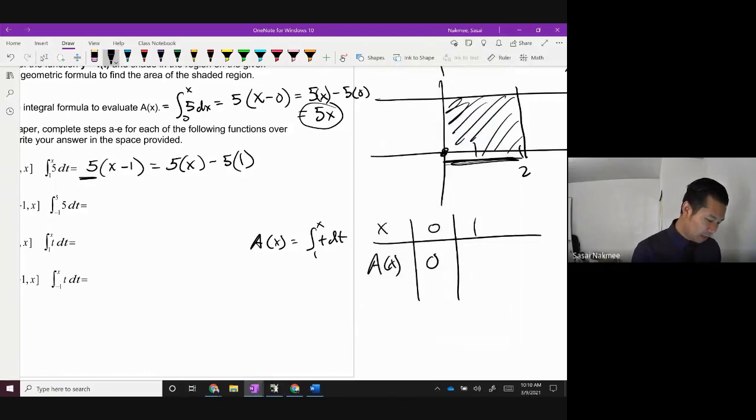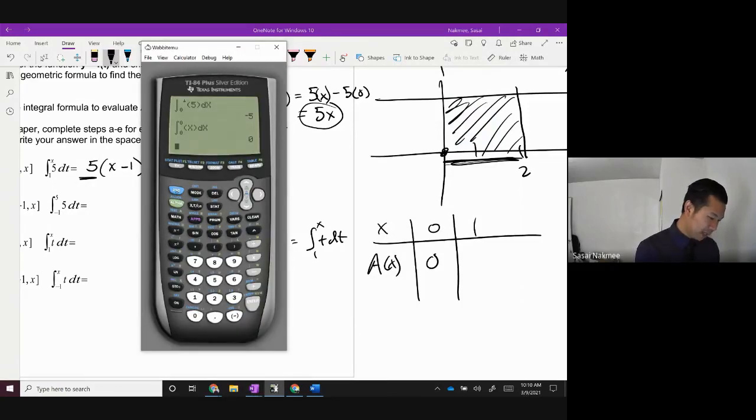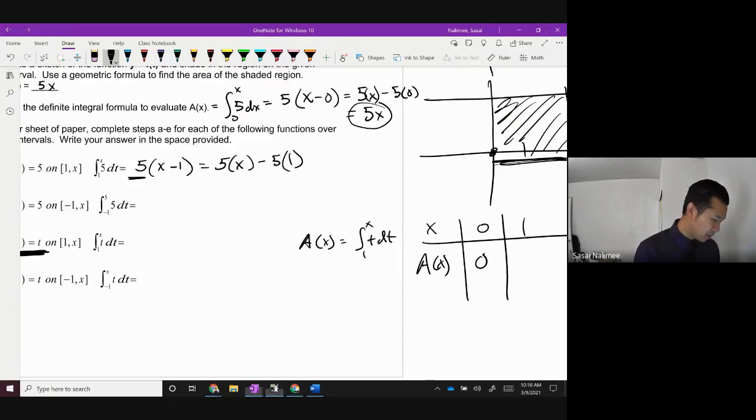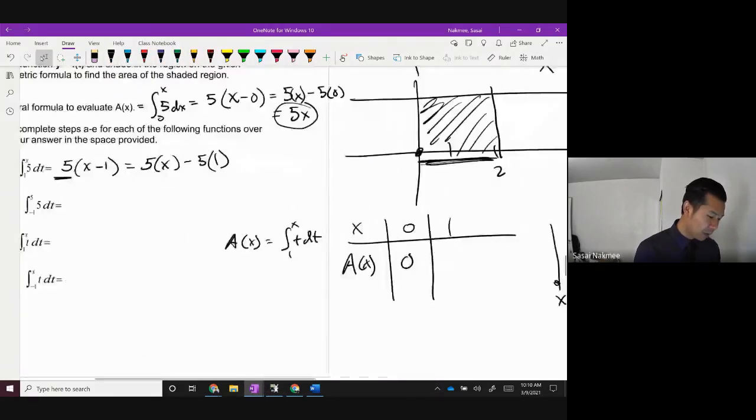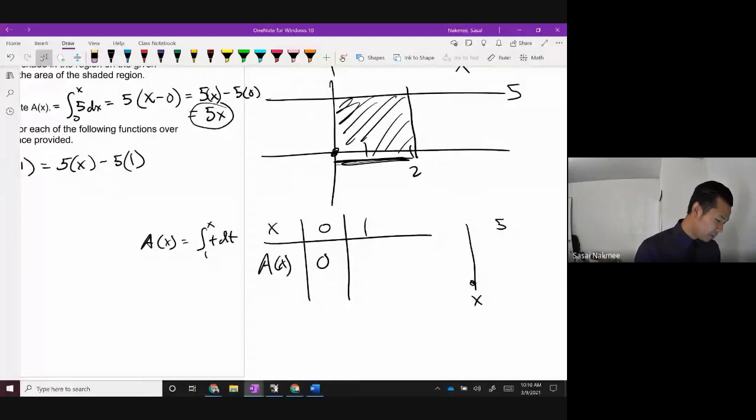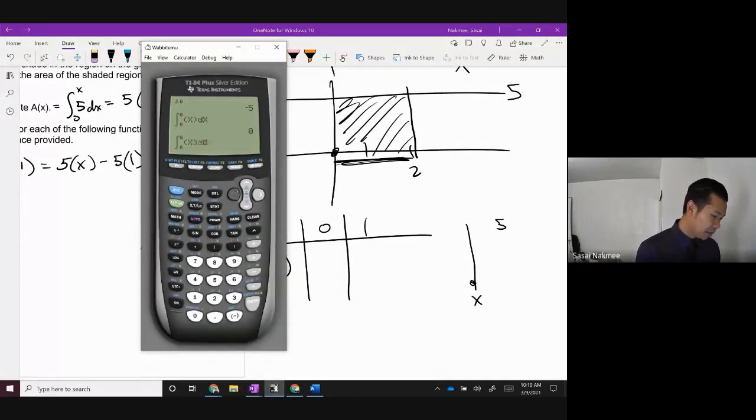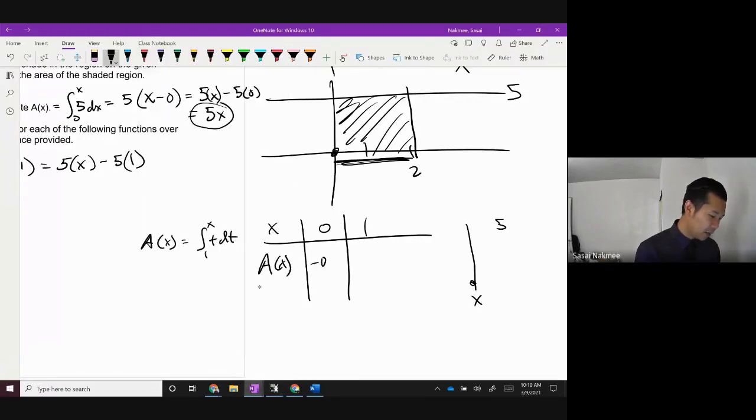Let's go to 1. Plug in that same value right there, but it's going to go from 0. Oh, wait, hold up. Is this supposed to go from 0 to 1? Oh, it's supposed to start at 1. My fault, my integral there is wrong. Sorry. That should be from 1 to 0. There we go. We get negative 0.5.